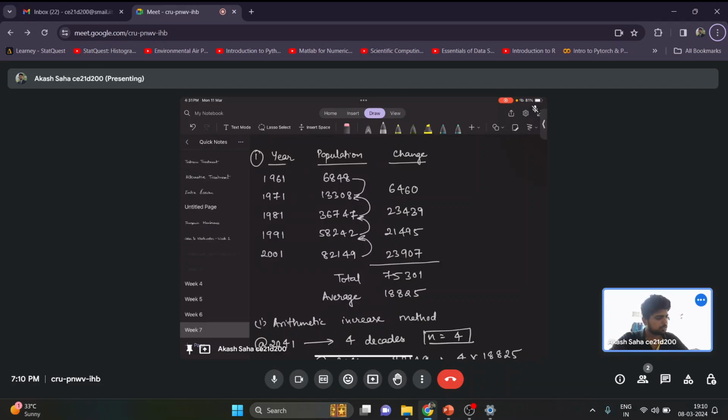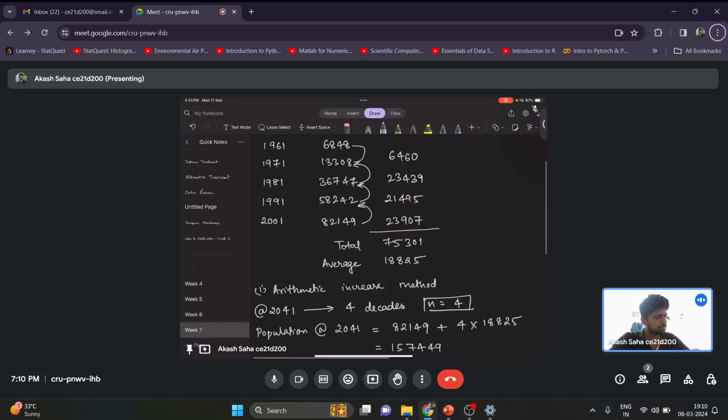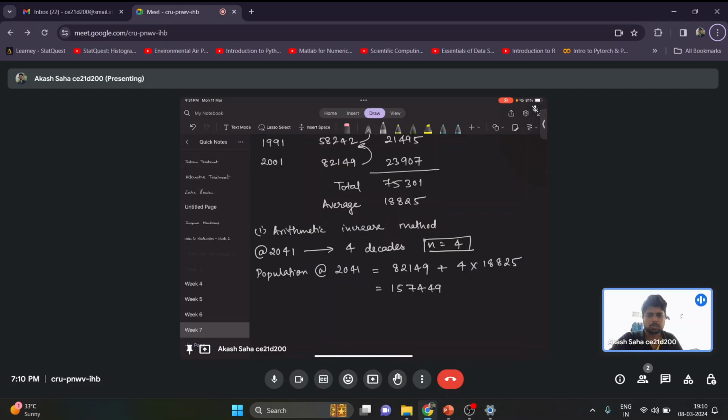So like that we get the changes. Then we calculate the total population change and then the average. Then we calculate the number of decades, that is 4, which will be my n, and the population in 2041 will be the last known population plus n into the average population change. So that will be the answer for the arithmetic increase method.